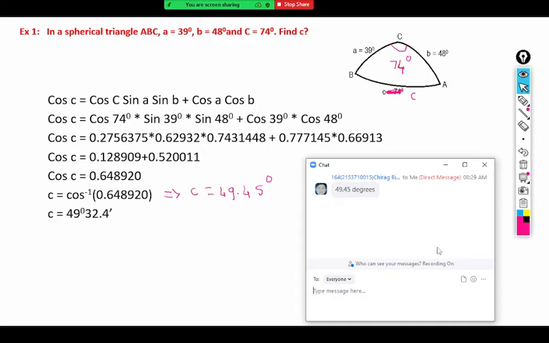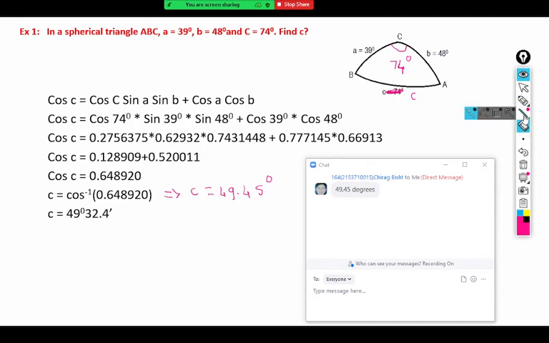Remember, let me check cos inverse only. Shift cos inverse of 0.648920. 49.54 is the correct answer. Yes, 49.539. So this is not the correct answer here, whatever answer was given.